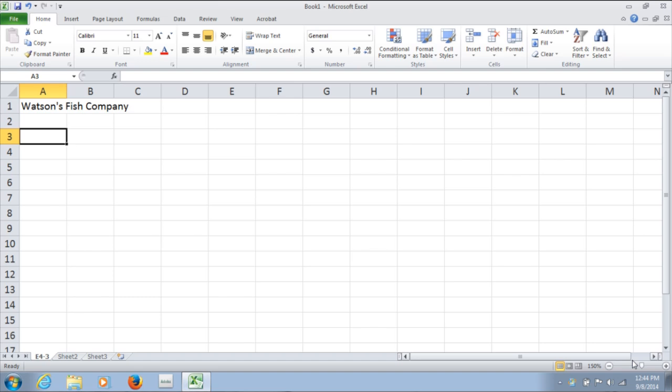Exercise 4-3 deals with Watson's Fish Company, and this is a retailer of salmon. So what Watson does is it sells salmon at a price of $6 per pound, but this is salmon that they purchase or have a variable cost of $4 per pound.